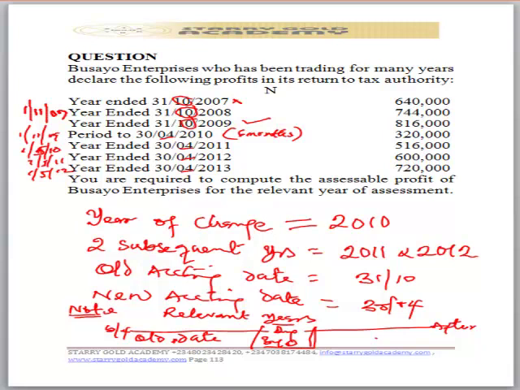Now I actually need the profit from May 2008 to April 2009, but I can only get from May 2008 to October 2008. So I have to prorate that out.